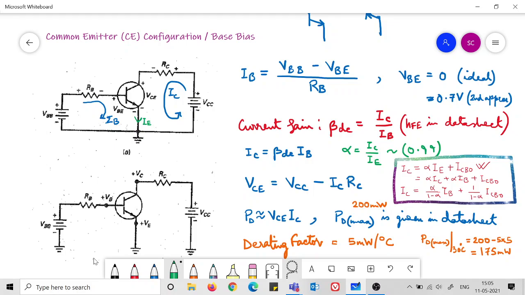So your tools to solve the network are the fundamental equations of KVL and KCL. Please bear that in mind.